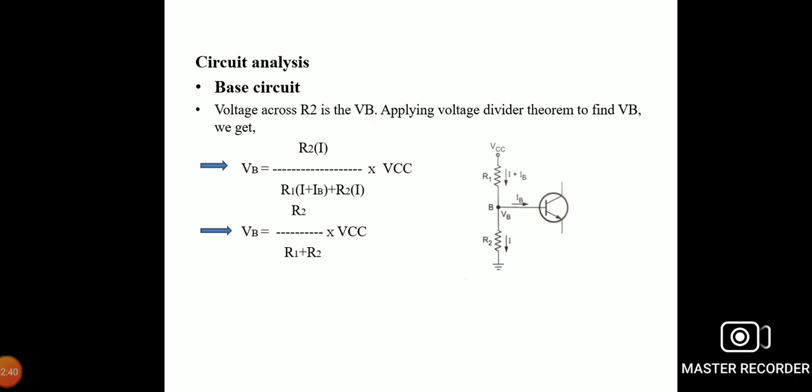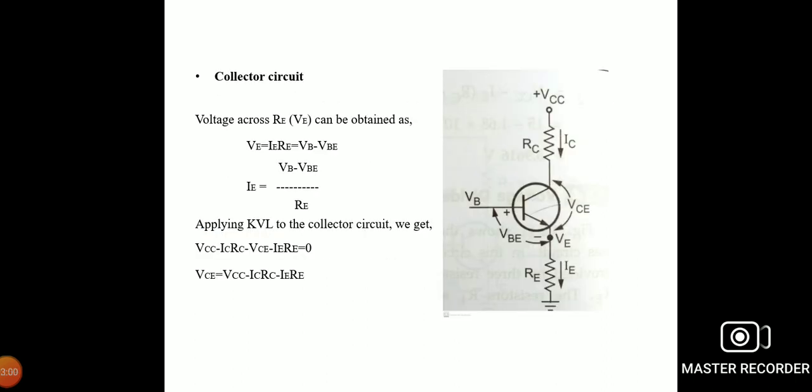Simplifying, the base voltage VB is equal to R2 divided by R1 plus R2 into VCC. Now we can move to the output side, the collector circuit, where we have to find the emitter voltage.